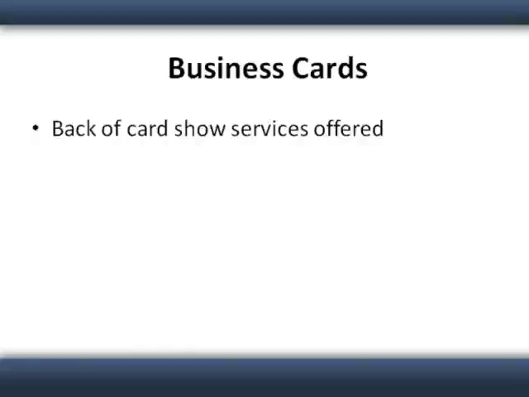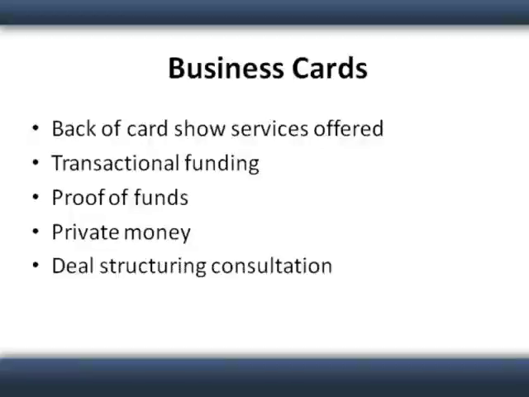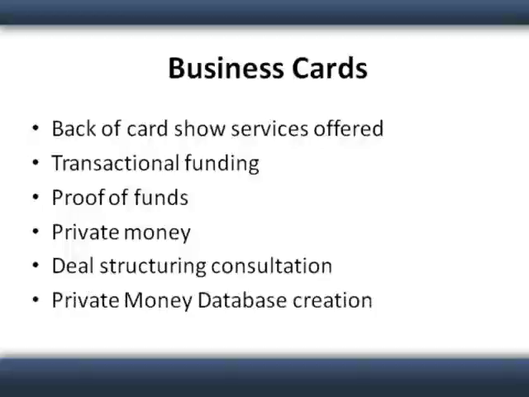On the back of the card, I like to put the actual services. The back of the card should show the services you offer: your transactional funding, your proof of funds options, private money, deal structuring consultation if you want to add that to your repertoire, and private money database creation.